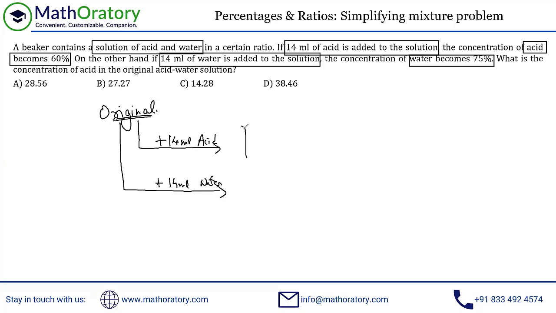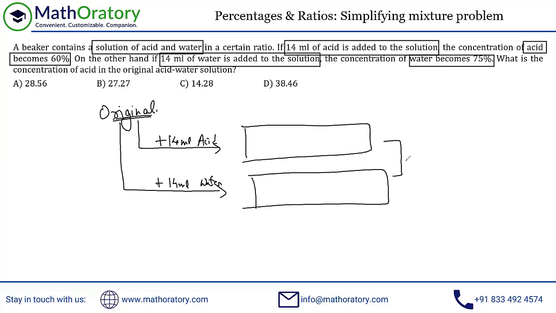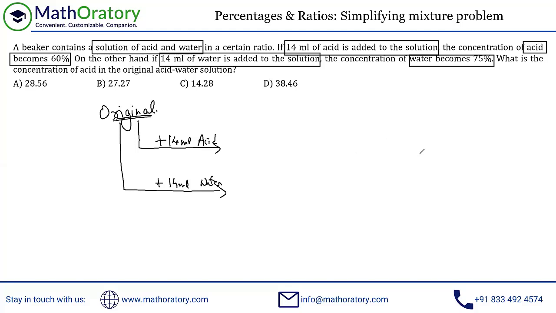Now, the final volume of this solution as well as this solution should be equal, right? That should naturally occur to you because you are starting with the original solution, and in one scenario you're adding 14 ml of whatever to it. In the other scenario, you're also adding 14 ml of whatever to it. So the total volume should also be equal for the two scenarios.